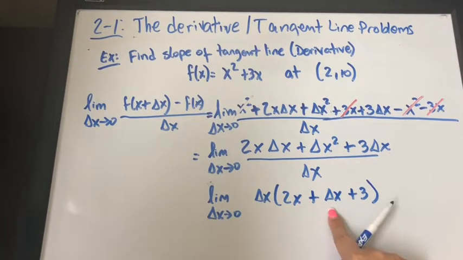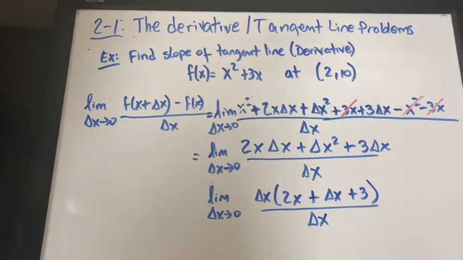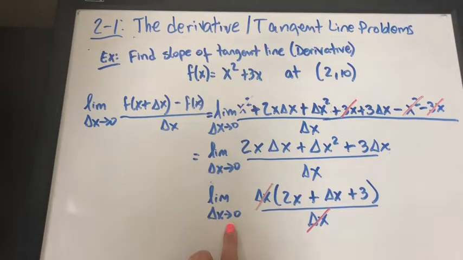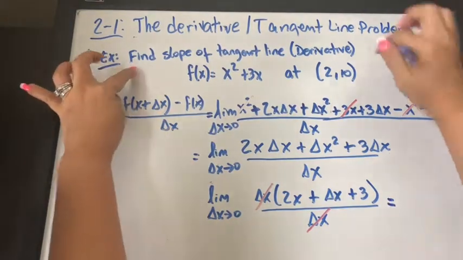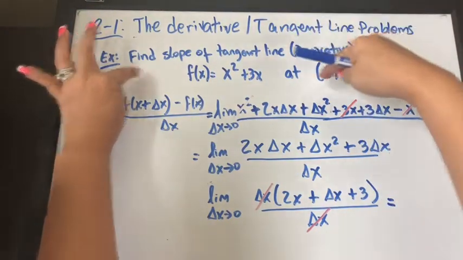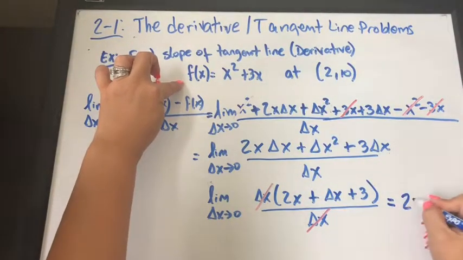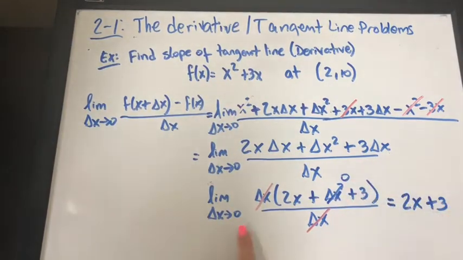And then in the denominator, I would end up with delta x, and I would be able to cancel, given that delta x does not equal 0, but is simply approaching 0. And my final answer here would be, if you plug in delta x equal to 0, the derivative, which is what we're finding, the slope of the tangent line or the derivative of f, would simply be 2x plus 3, since delta x went to 0, right?